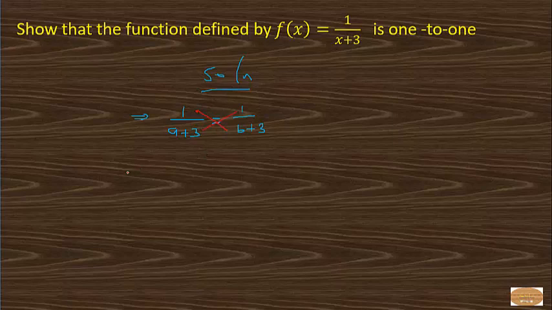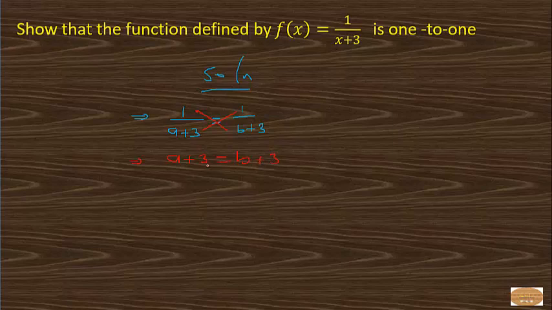Yeah, we can do cross multiplication here. So 1 times a plus 3, we got the same thing, a plus 3. Then the other side is b plus 3. Good. So we can send 3 to the other side just as I did.